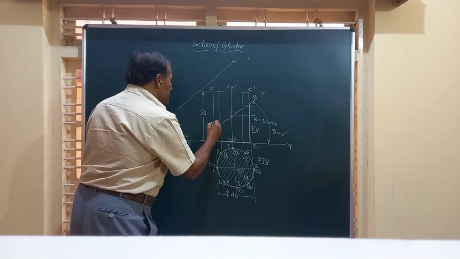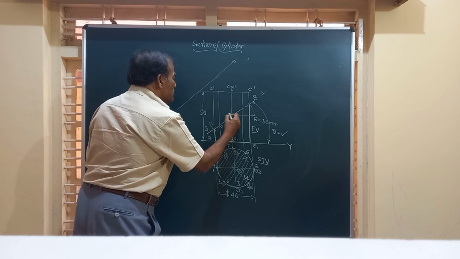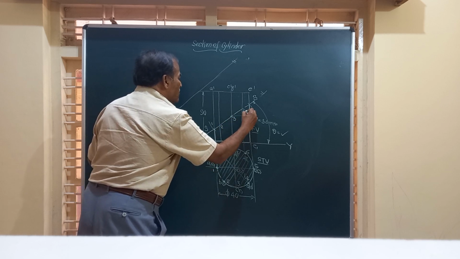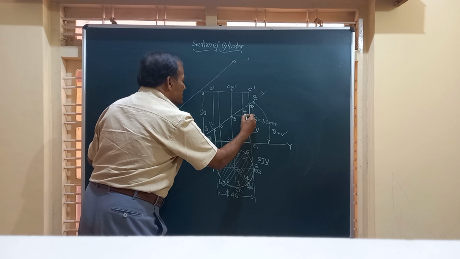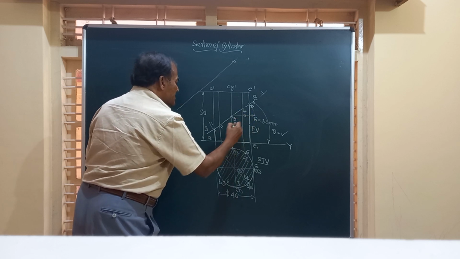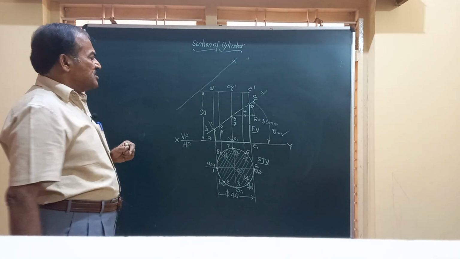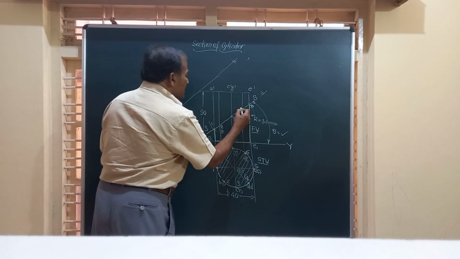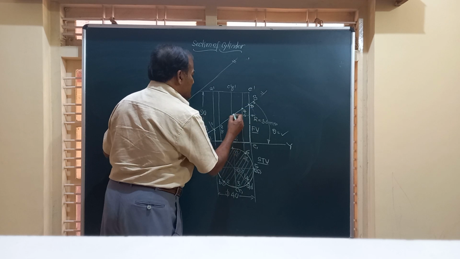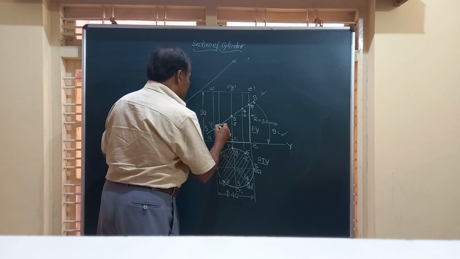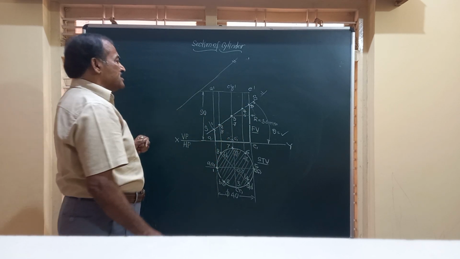So this is 1, 2, 3, 4, 5, 6 will be behind that. This is 7 and this is 8. This is how you mark this. And let me show all these points where the section plane is cutting the generators.